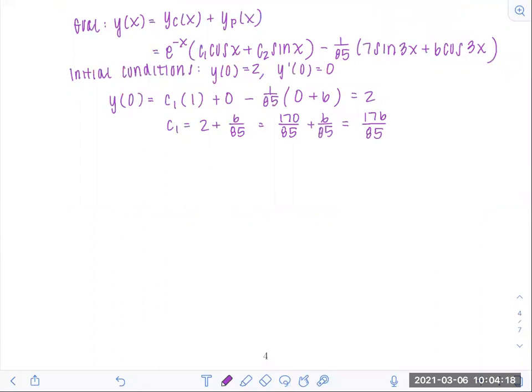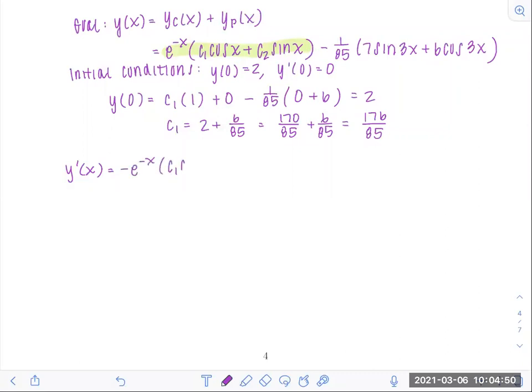And in order to find that, I'm going to need to calculate the first derivative so that I can use that other initial condition. Now, even though I have c1, I'm just going to leave it out for now when I calculate the derivative. So let's find y prime of x. Here, I'm going to have to use the product rule for this first term because I have the exponential and then I have the trig functions. So if I take the derivative of e to the negative x, I get a negative e to the negative x.